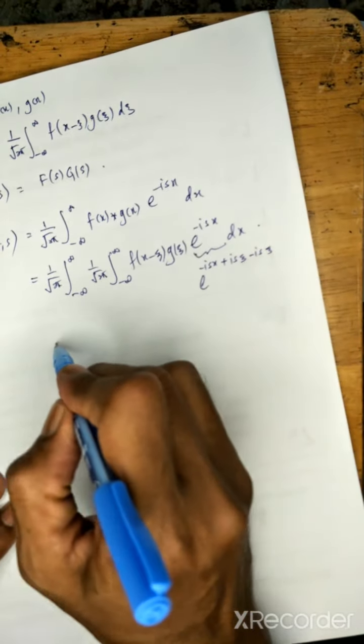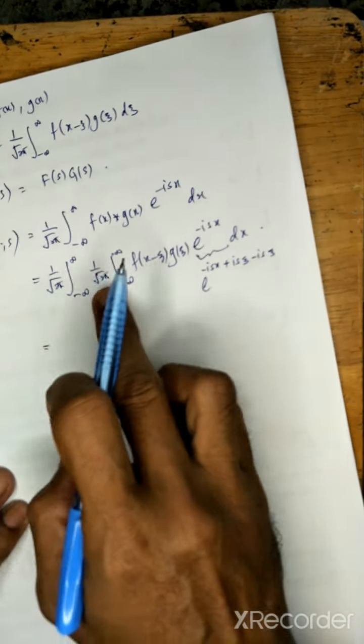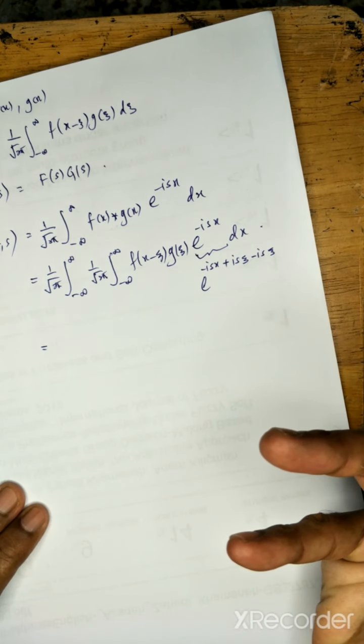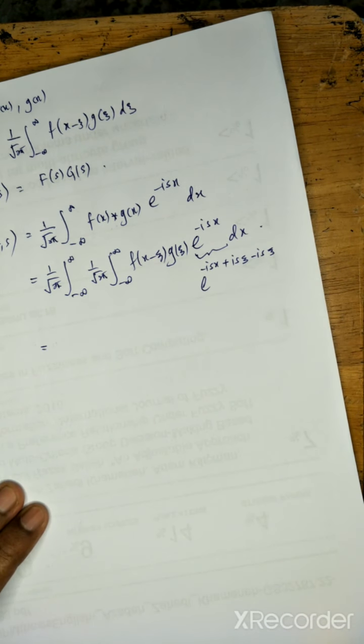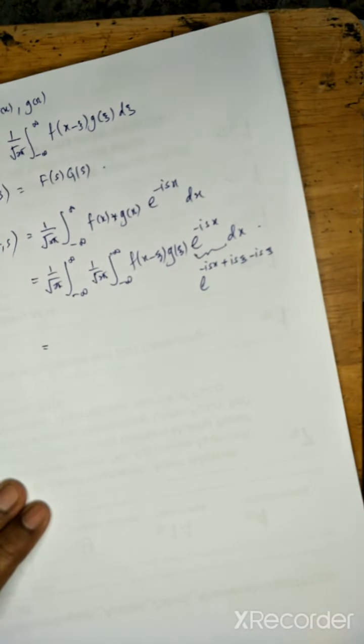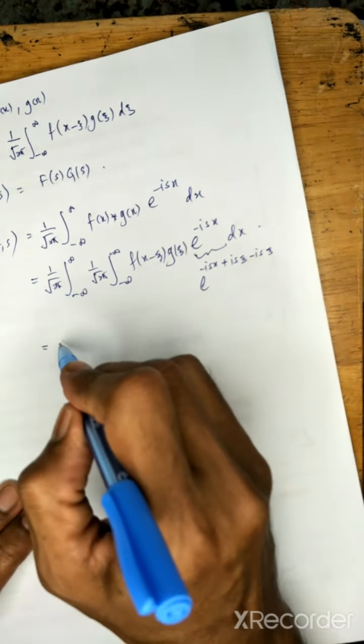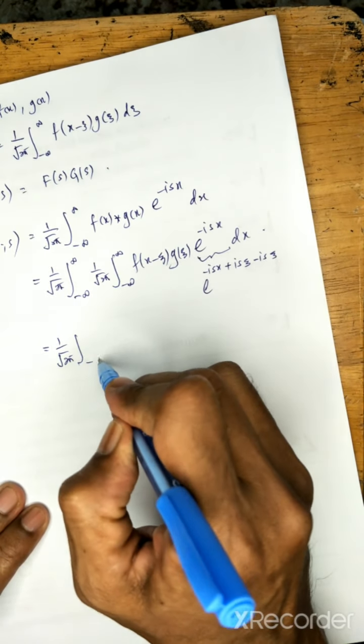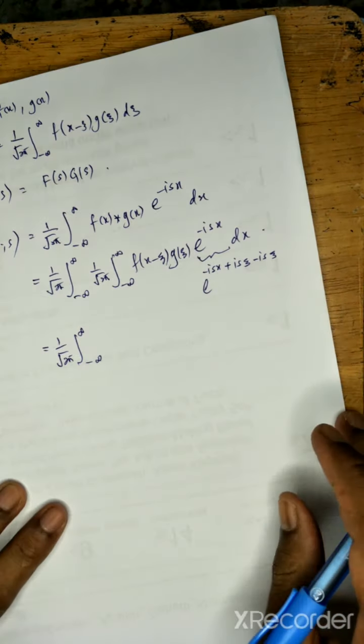So this is equal to, and I don't want to multiply these two, because we're going to have a Fourier transform of two functions. So I keep the 1 over square root of 2 pi. We still have 1 over square root of 2 pi, then integrate from minus infinity to infinity.